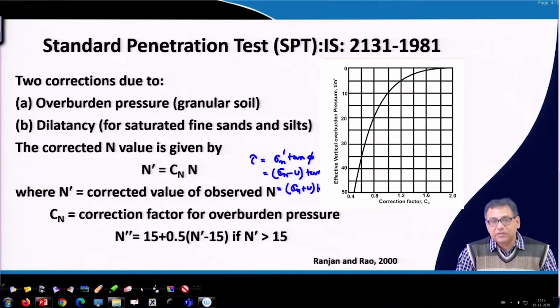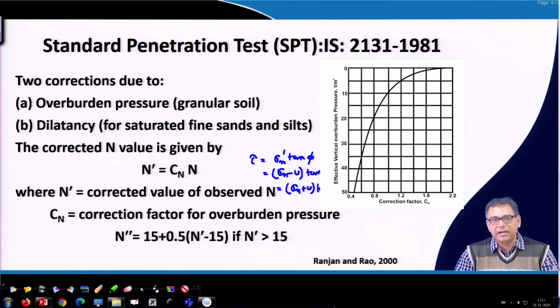So, what will happen? Your strength will increase because of this impact, that means you will get the higher N value. Because of this effect, we will get the higher N value. So, to reduce that effect, we have to reduce the N value. That is why we will apply the dilatancy correction.